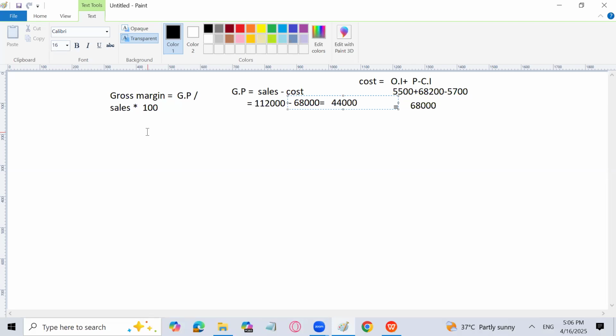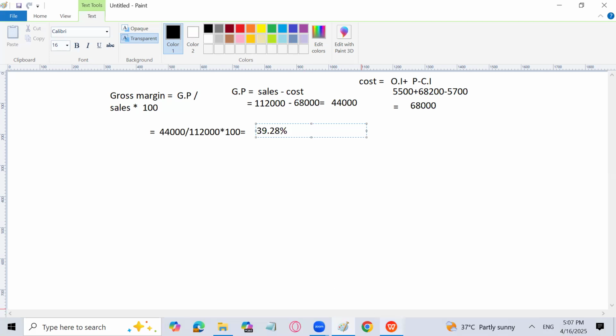Now gross profit margin is equal to 44,000 divided by sales 112,000 multiplied by 100. It will always be written as a percentage. So 44,000 divided by 112,000 into 100 is 39.28%.